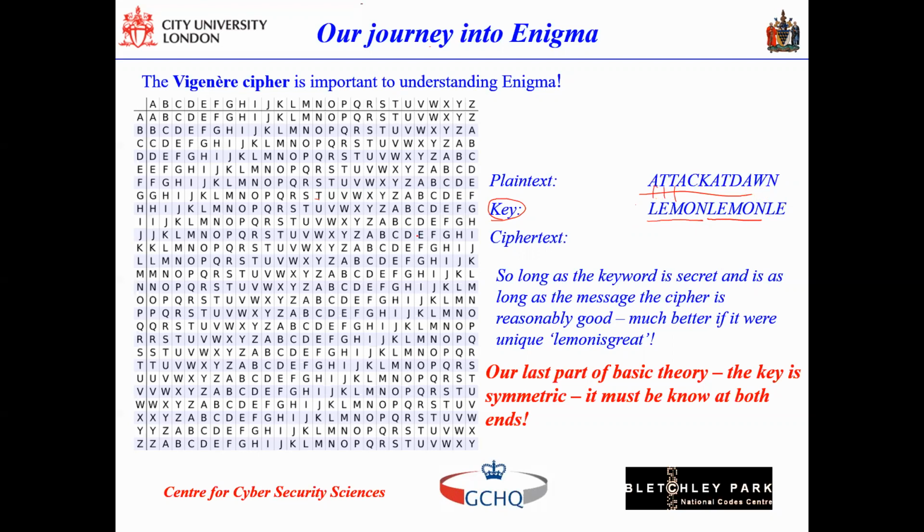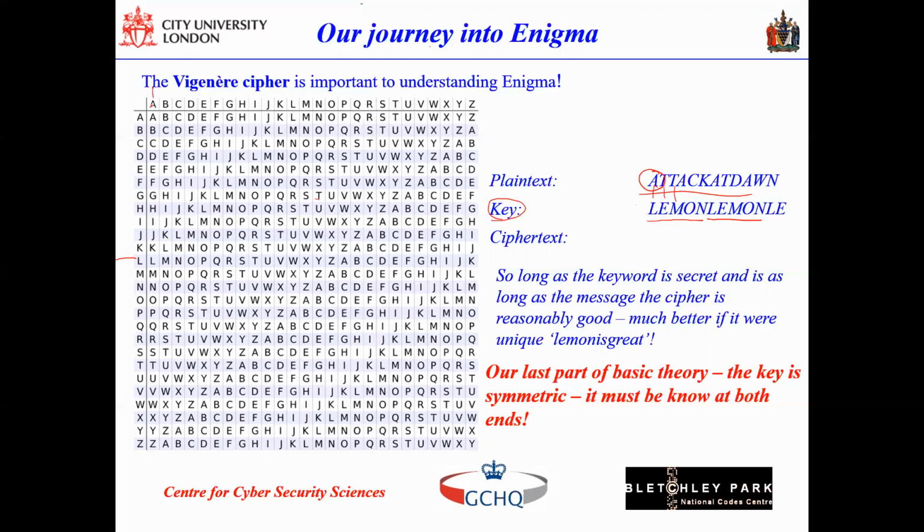The key tells us which row that we need to use. If we've got the letter A and we want to encode that, our key tells us that we are in row L. So this is row L, and we want to encode the letter A, which is up here.